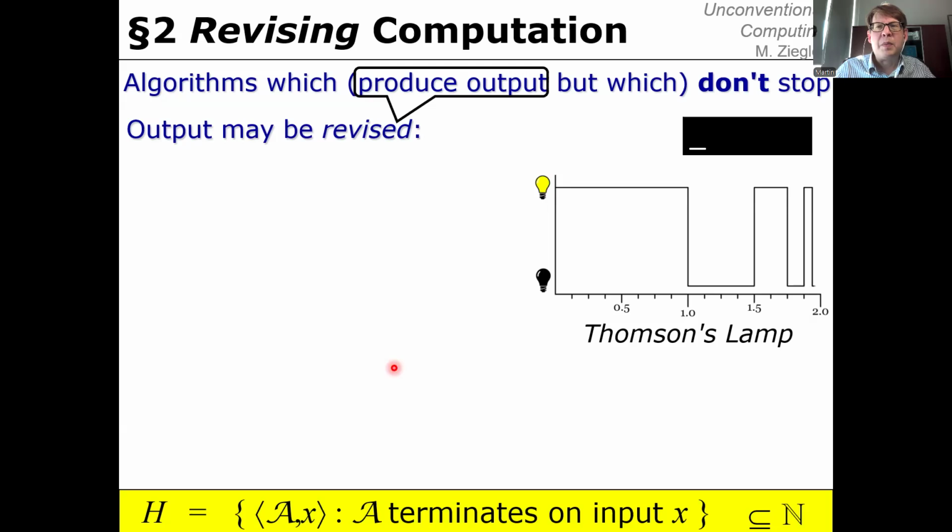And the philosophical paradoxical question is, what is the brightness of Thomson's lamp after 2 units of time? And that's a paradoxical answer. There is no right answer to that.